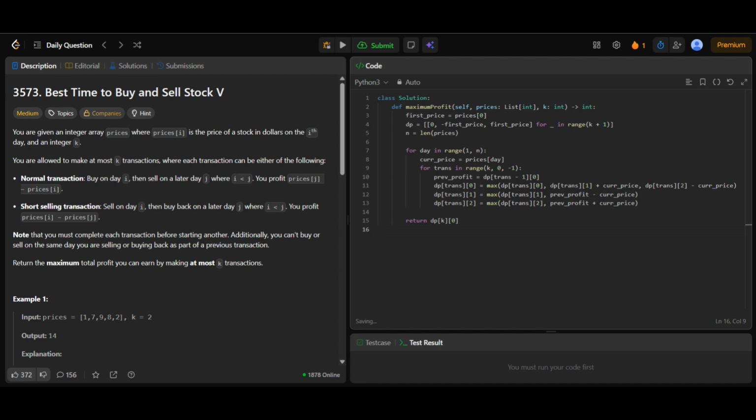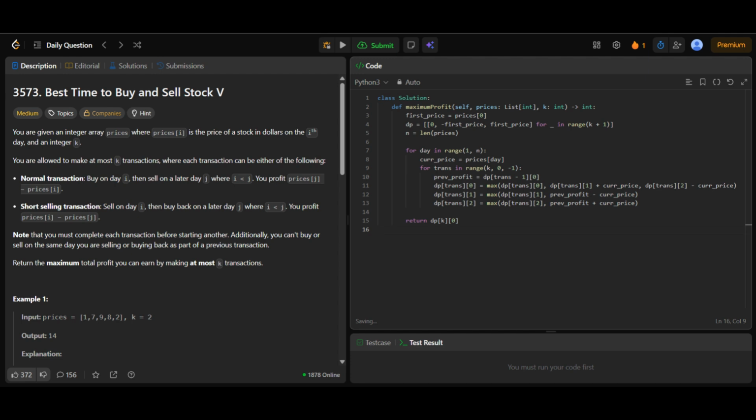Buying a stock costs money, so profit becomes minus the price. Short selling gives money upfront, so profit becomes plus the price. That's why we initialize each transaction row like this: no position, 0; buy position, negative first price; short position, plus first price. This setup already reflects real trading logic.